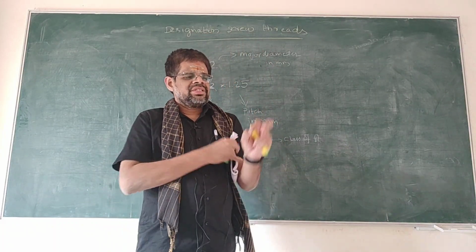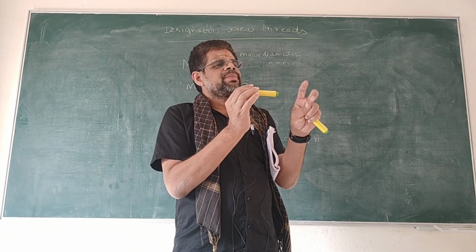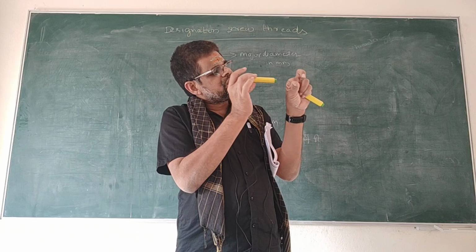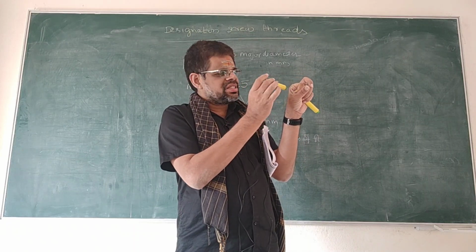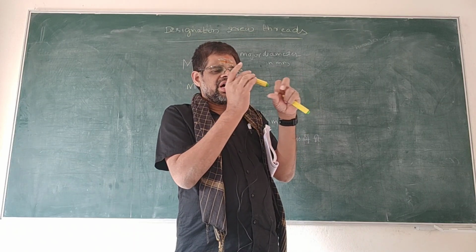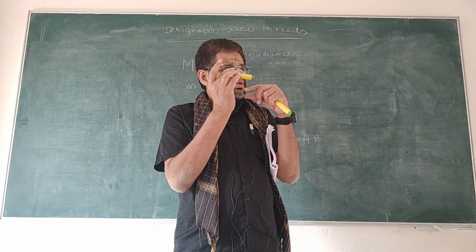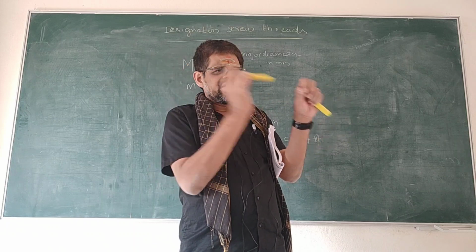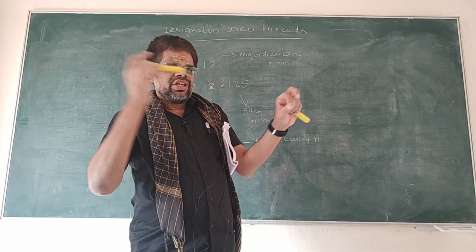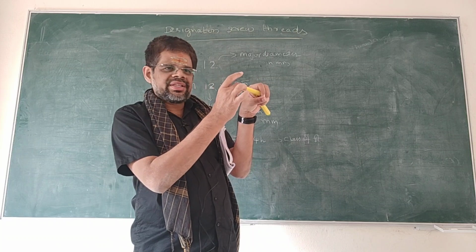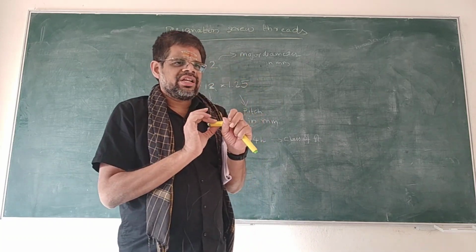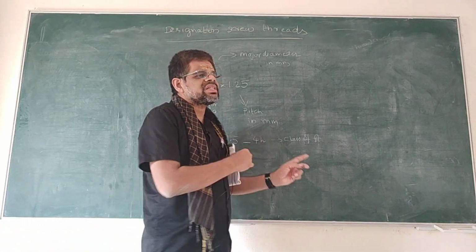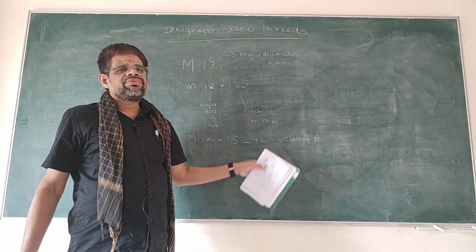Close fit means you have to carefully insert it because the diameter of the hole is almost exactly equal to the diameter of the bolt. In such cases, you cannot insert it directly. But in case of free fit, you can insert it directly. Even though there is some misalignment, it can accept a small misalignment. And medium is in between. So this 4H represents the type of fit.